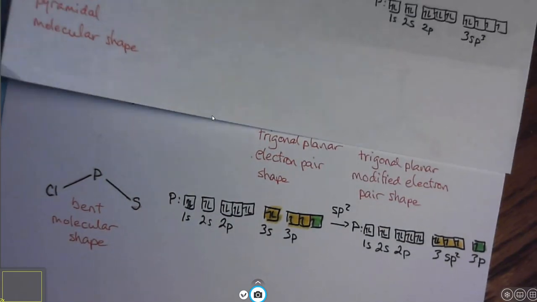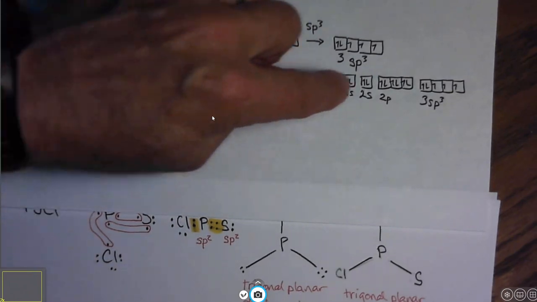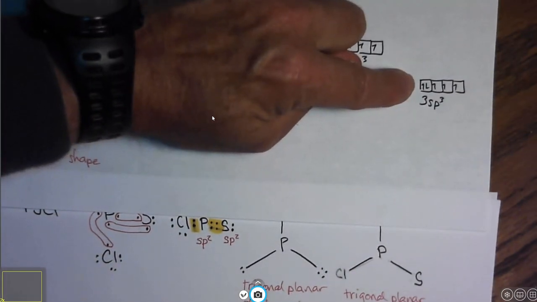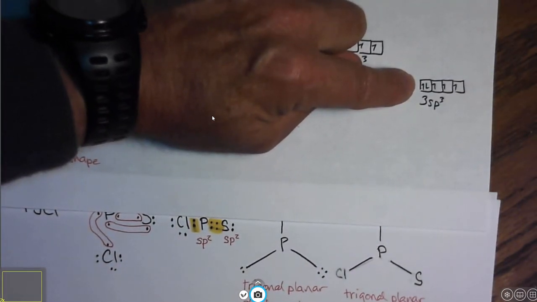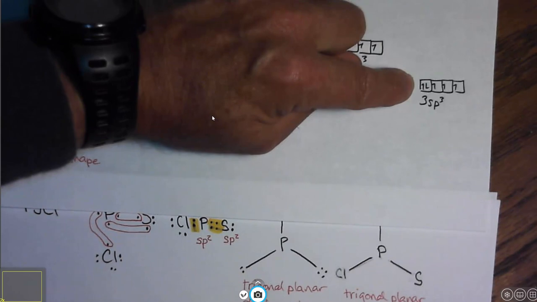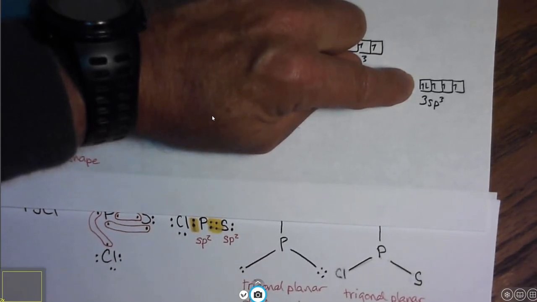Now before I go forward, I want to go back to this previous hybridization, sp3. Lone pairs and sigma bonds must stem from hybrid orbitals.